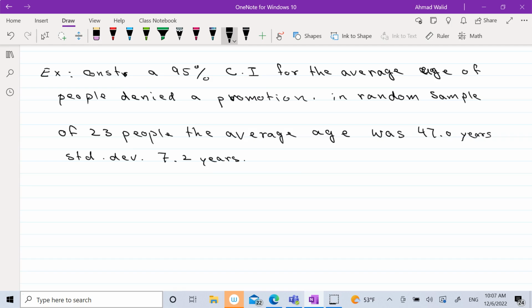Okay. In a company, employees were denied promotion if they were age 47 and above. The company was not willing to give promotion to these employees. They were usually targeting younger employees.